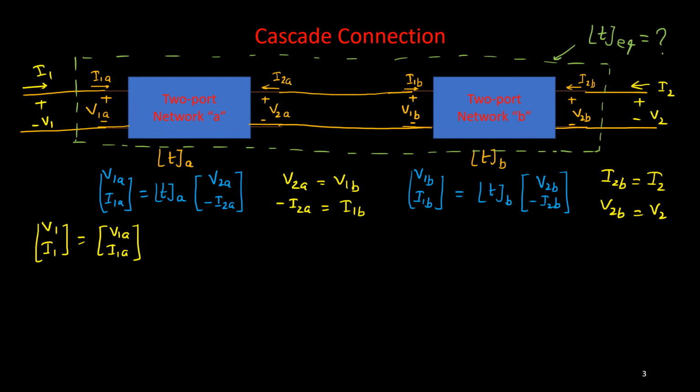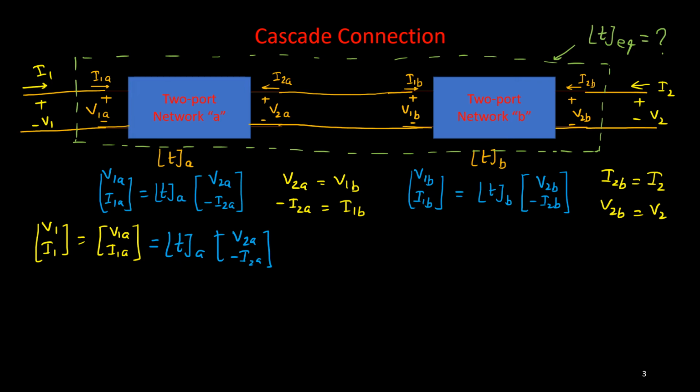If we start from here, V1, I1 equals V1A and I1A. So that we can replace, so this one we can write as TA times V2A, minus I2A.